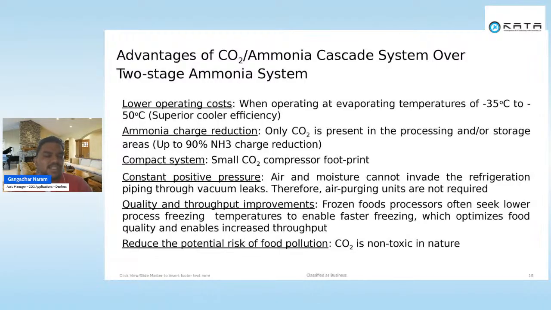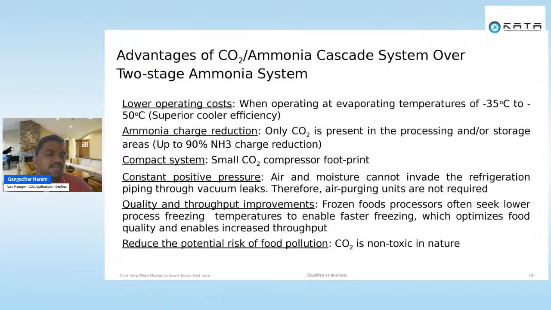The quality and throughput improvements. For example, if I want to process shrimp or other fisheries products, at minus 40 or below minus 35, the heat transfer U values of CO2 are way higher than any other refrigerant, so it will give very quick freezing to the material you are freezing.